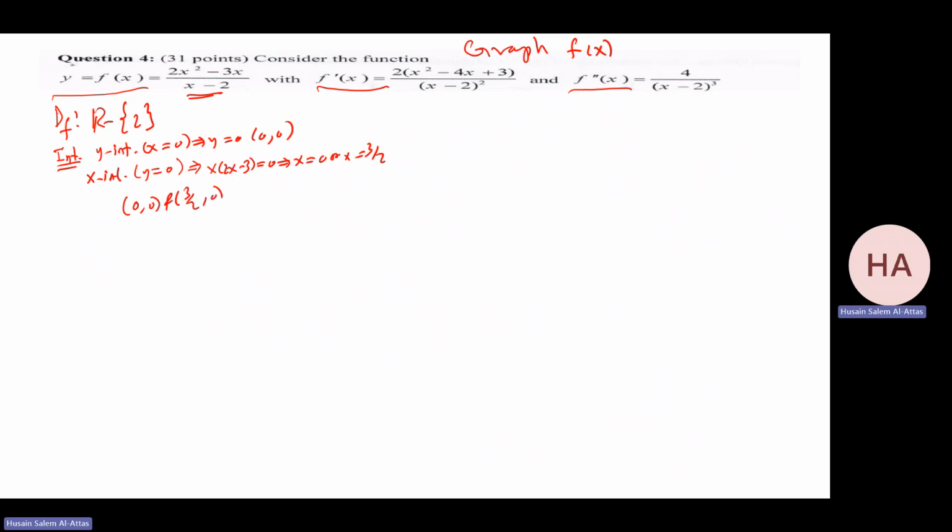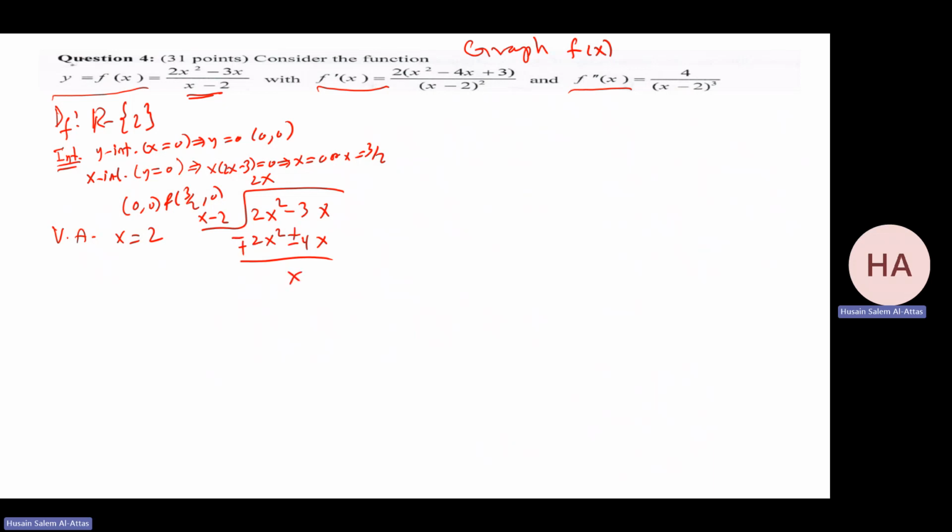Okay, what else? Vertical asymptote, very clear, x equals 2. I also have a slant asymptote. How to find the slant asymptote? Long division. That will give you what? 2x. Multiply, you have 2x squared minus 4x. That plus minus, that will be plus.